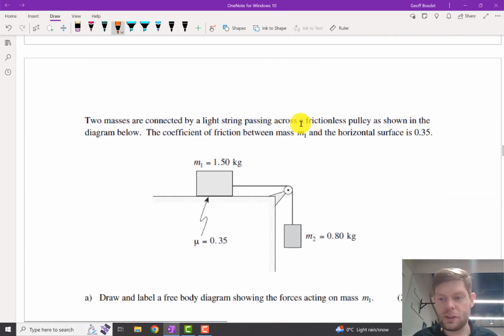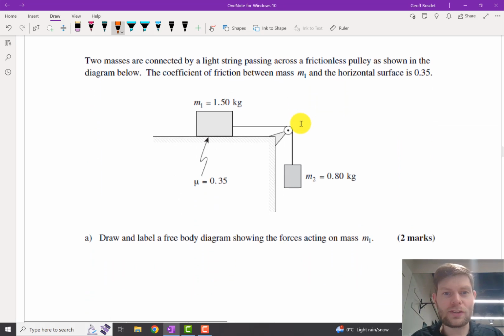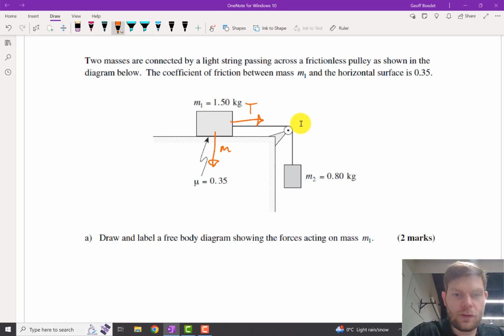The next question. Two masses are connected by a light string passing across a frictionless pulley as shown in the diagram below. Free body diagram, forces on mass M1 here. We got tension, gravity, normal force, and we got friction, which is less than tension because it's going to accelerate forward.